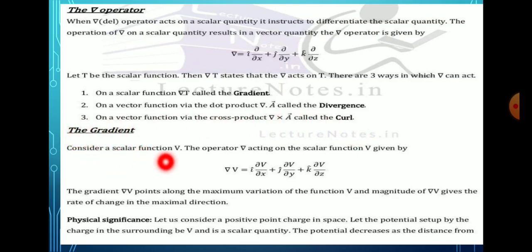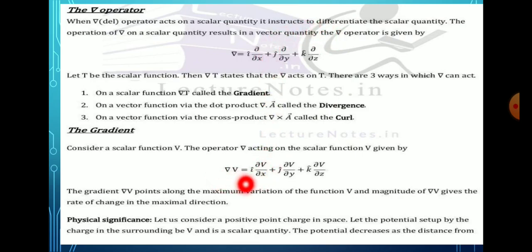Consider a scalar function v. The operator del acting on the scalar function v is given by del v. We know the value of del, that is i cap dou by dou x plus j cap dou by dou y plus k cap dou by dou z. Then the remaining term is v; just multiply v here.